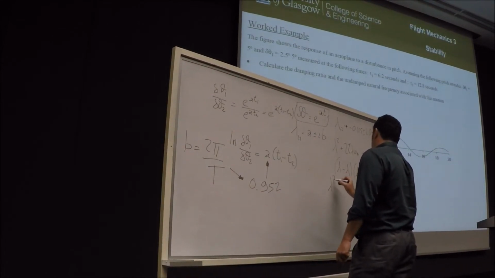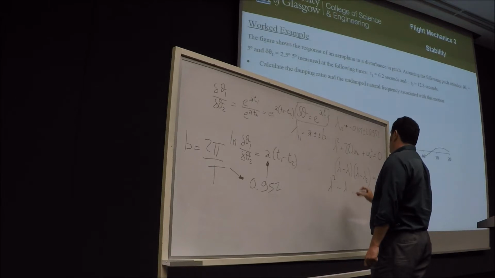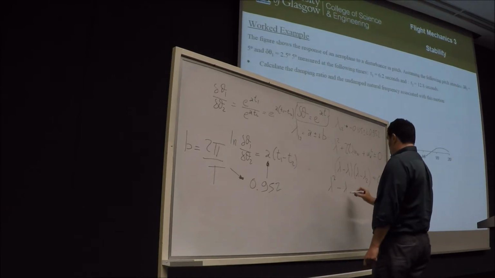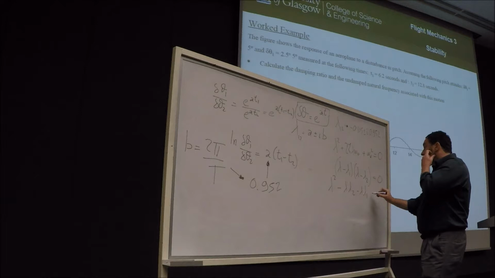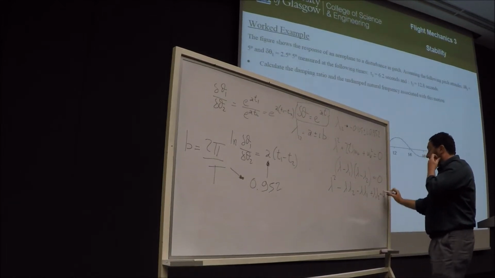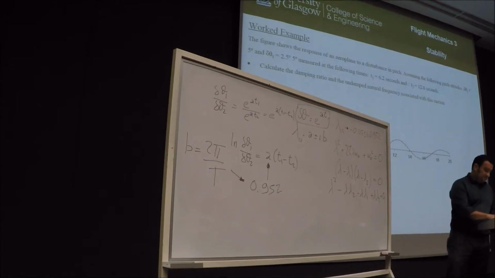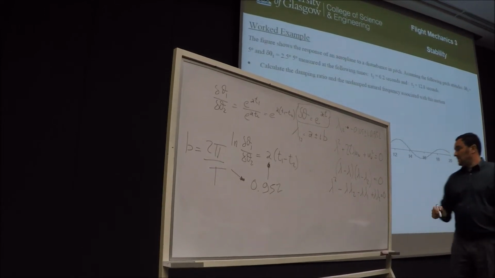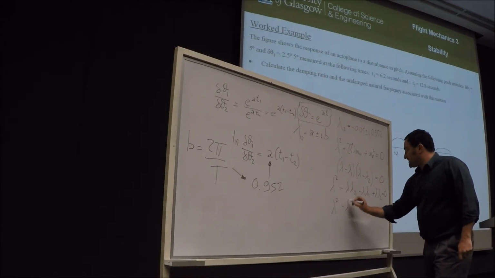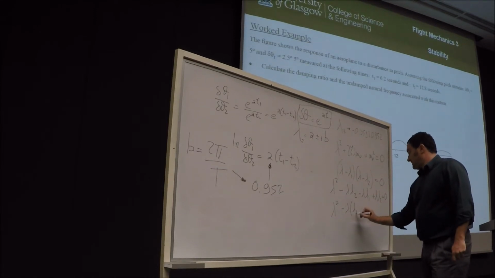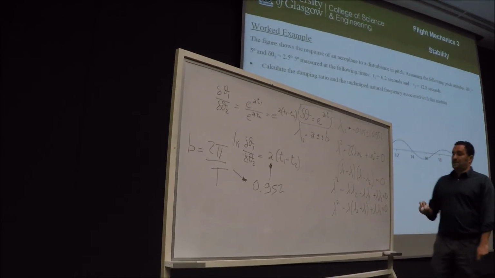Expanding, lambda square minus lambda 2 plus lambda 1, plus lambda 1 lambda 2 equal to 0.